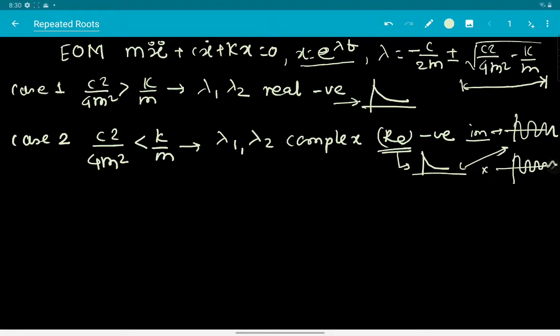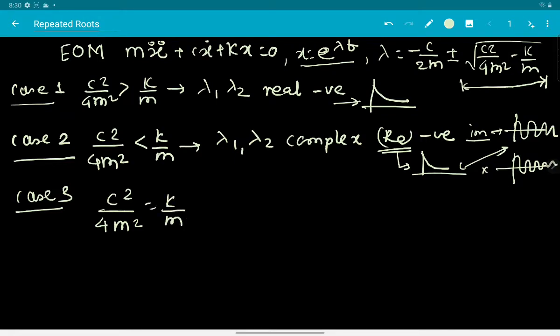Okay, so this is one family of solutions, this is another family of solutions, and now we are going to consider a last family of solutions which we'll be calling case 3. It is that family of solutions in which we end up having c square by 4m square equal to k by m.